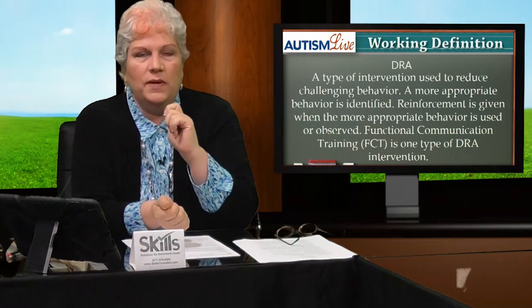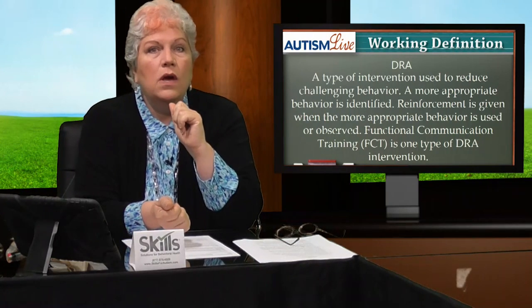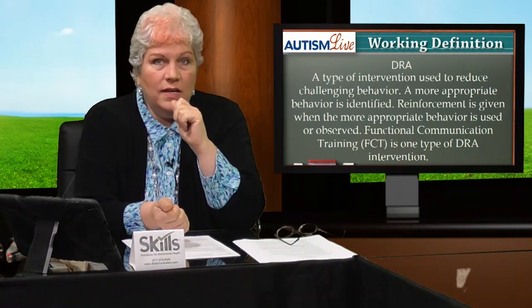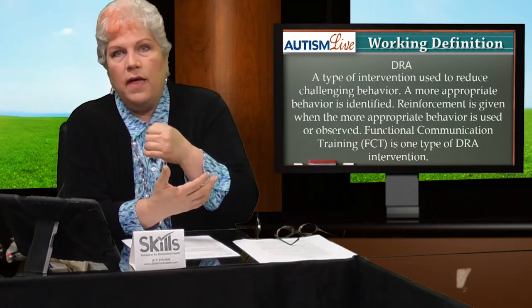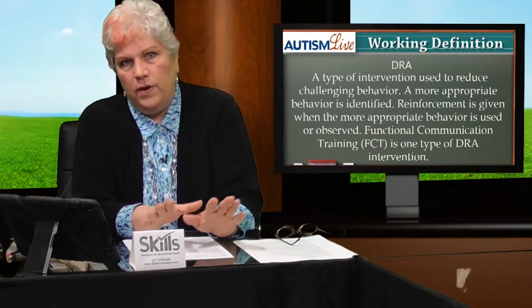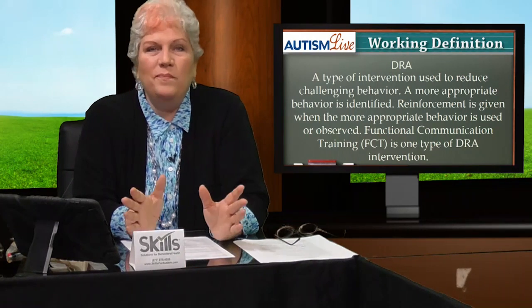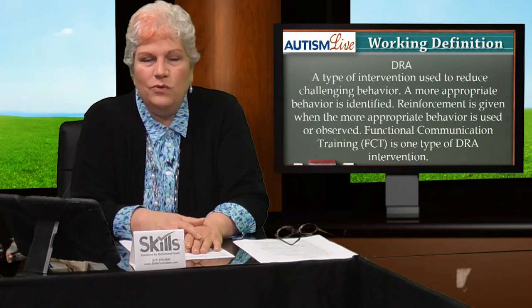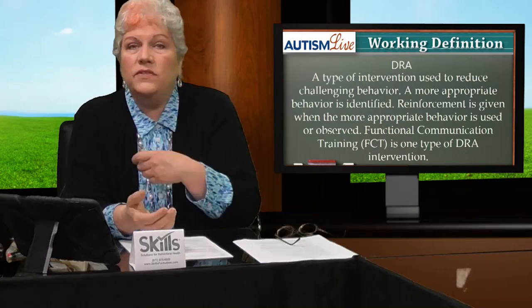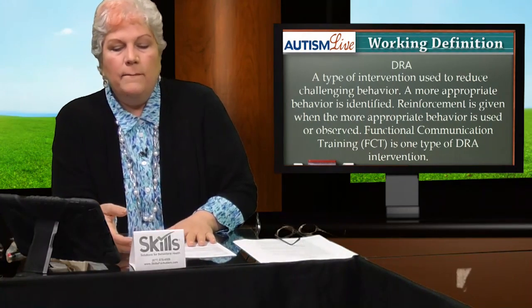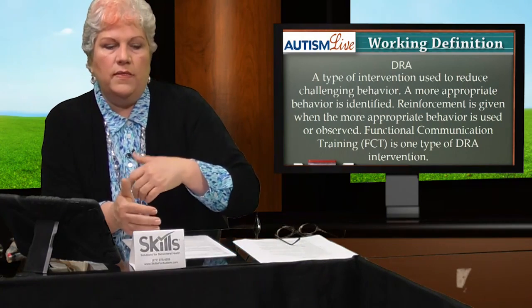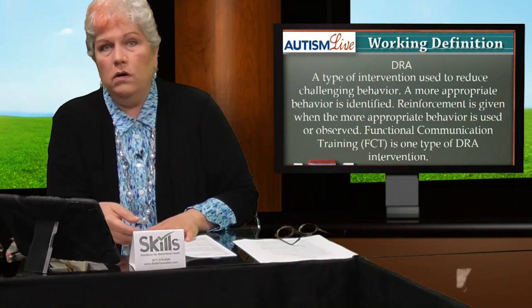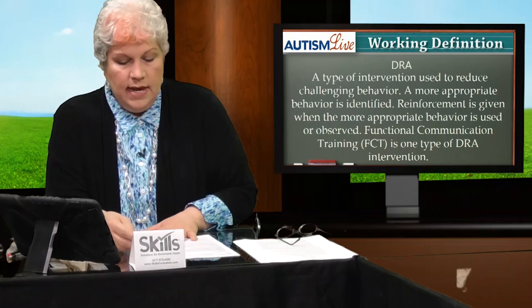We've talked so many times about biting, that sometimes we have to have kids chew on a necklace or something else as opposed to chewing on themselves or their neighbor. Now, we hope that by the time they graduate high school and go out into the world they don't have to have a necklace to chew on, but it is a more appropriate behavior than chewing on themselves, wood, or their next door neighbor in the desk next to them.